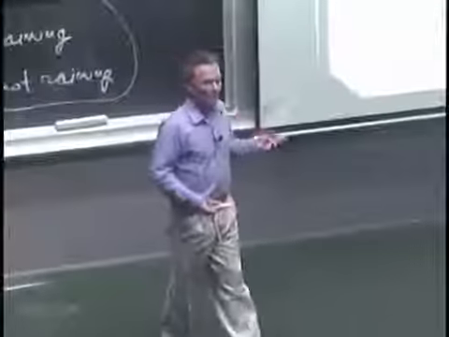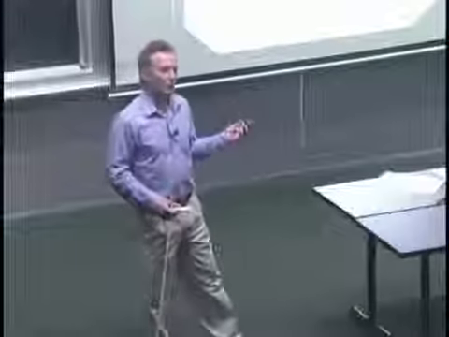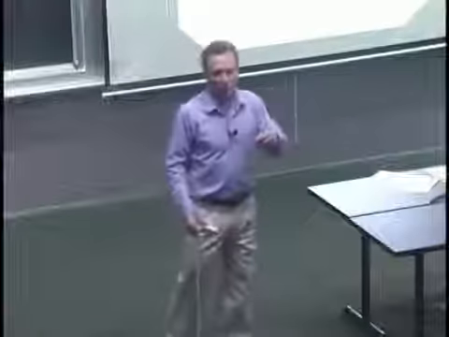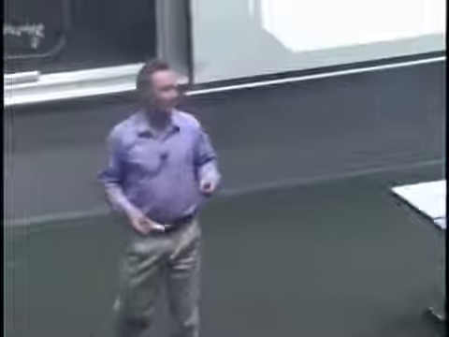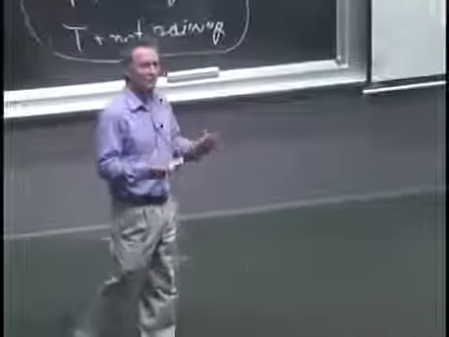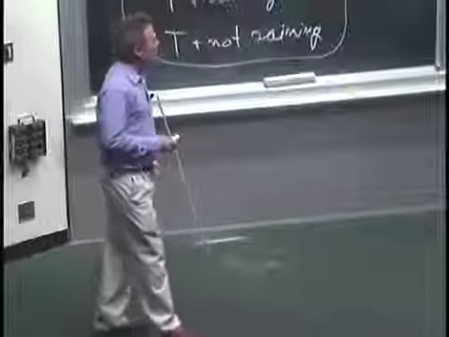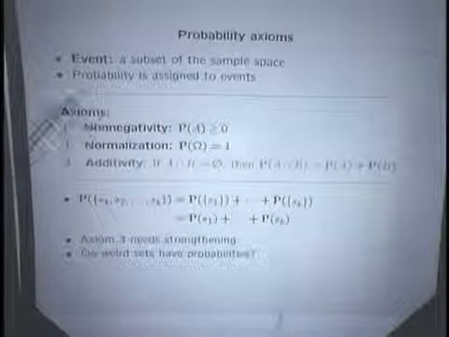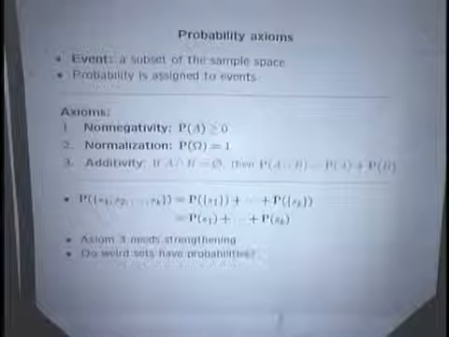First, we want probabilities to be numbers between 0 and 1 because that's the usual convention. So probability of 0 means we're certain that something is not going to happen. Probability of 1 means that we're essentially certain that something is going to happen. So we want numbers between 0 and 1. We also want a few other things. And those few other things are going to be encapsulated in a set of axioms.